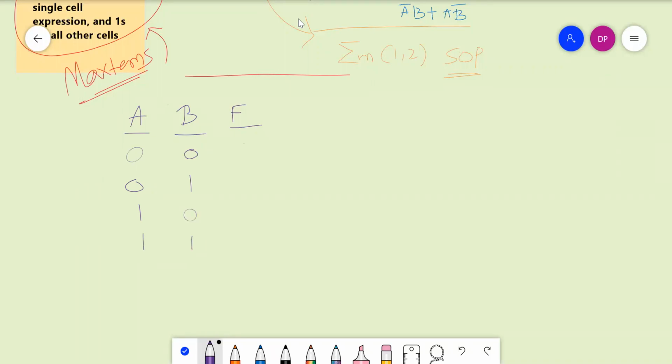So F is written in this way, let's say 0, 1, 1, 0. So what we have to find? We have to find F bar. Okay, you can find F bar. So what will be F bar? It will be 1, 0, 0, 1.